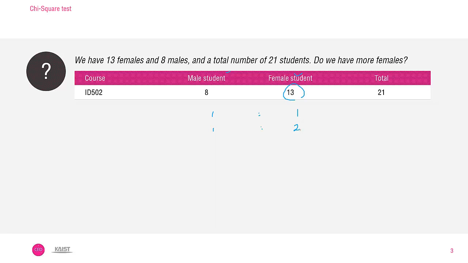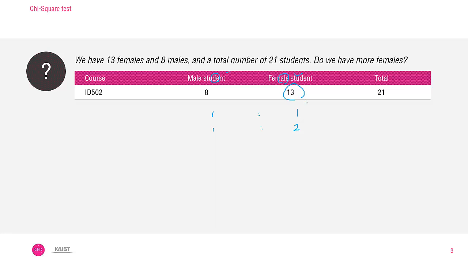So in this case, we have only one variable. And this single variable has 2 levels, which are male and female. Depending on our assumption, we can have a different expected ratio with regard to this one single variable.